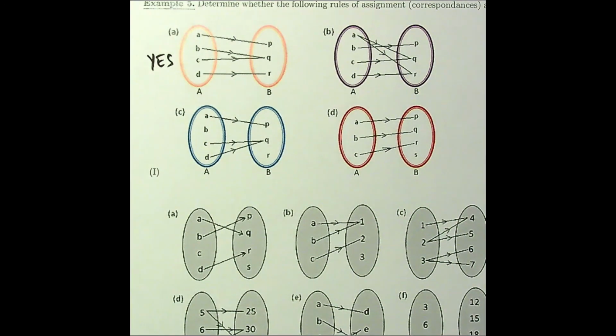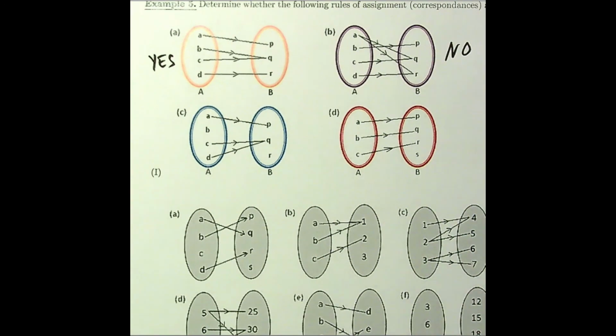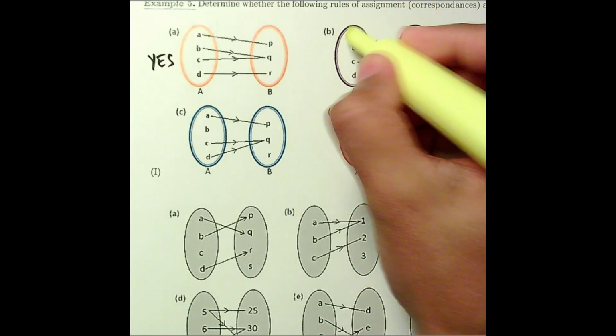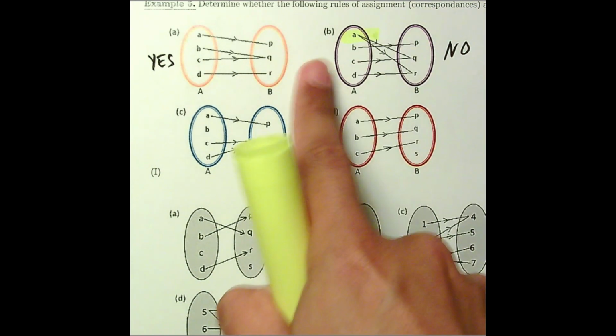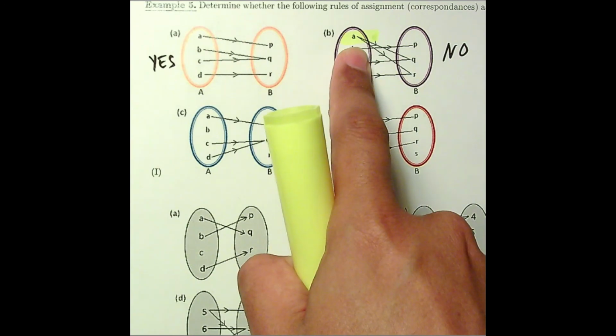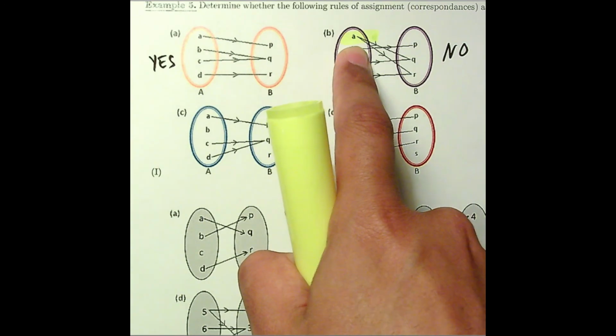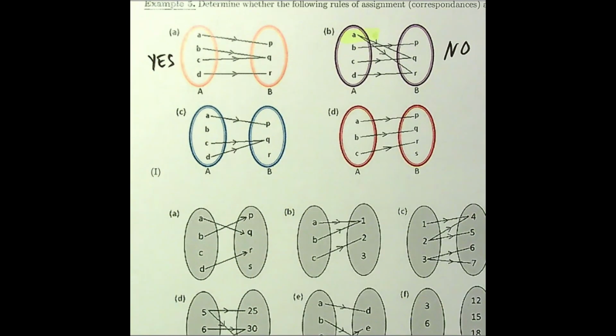So this one, the answer is no. And what ruins it is this thing right here. A, right? There are two arrows coming out of A. That is not allowed. You cannot have that. You cannot have two arrows coming out of an element. So that's not a function because of that.